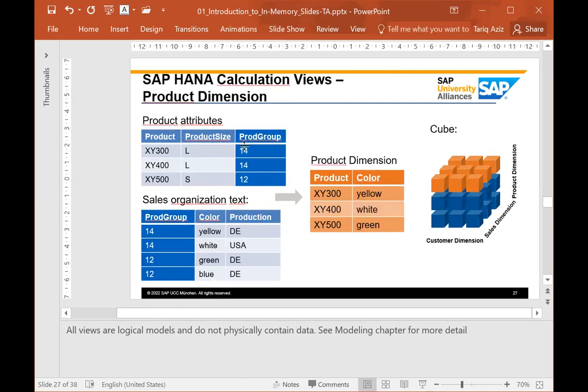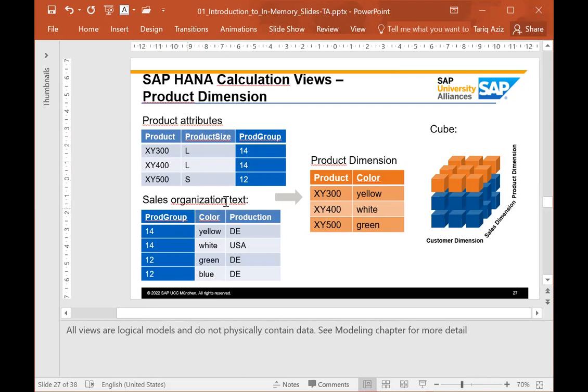Now we have another table. So this was a customer table. Now we have a product table. By the way, we will be using these two tables in our exercise. Product table has a product name and a product number and a size and the product group.